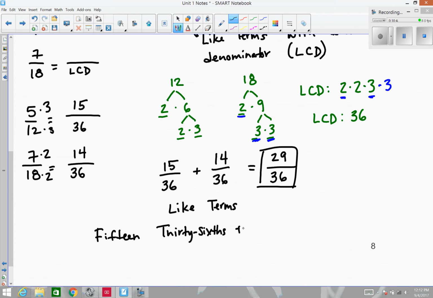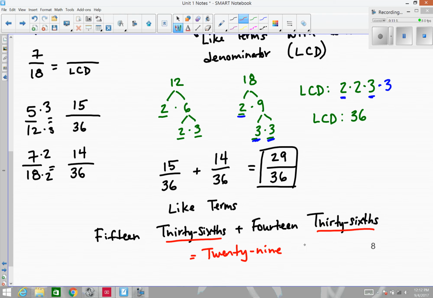And I'm adding that to 14 more of these 36ths. These are my like terms. They're both 36ths, so altogether that gives me the 15 plus 14, or 29, of these 36ths.